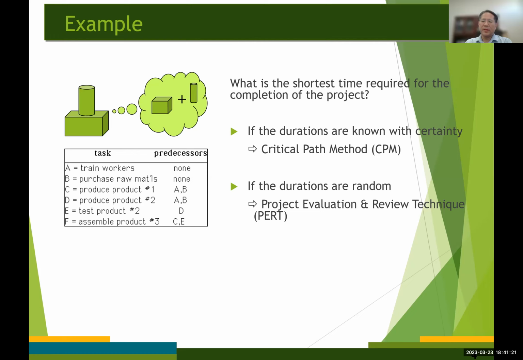On the other hand, if the duration of activities is not known with certainty, then the program evaluation and review technique, or PERT, can be used to estimate the probability that the project will be completed by a given deadline. Okay.